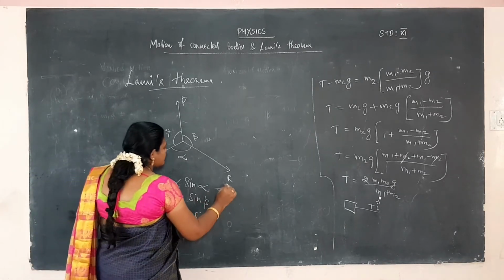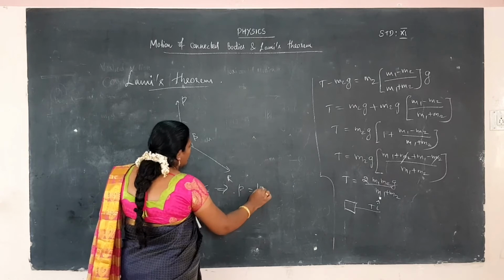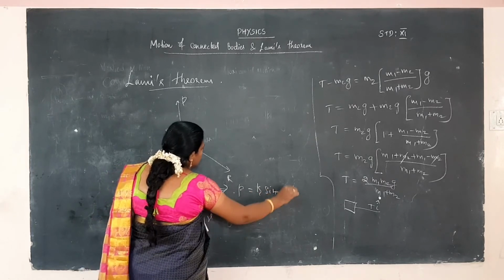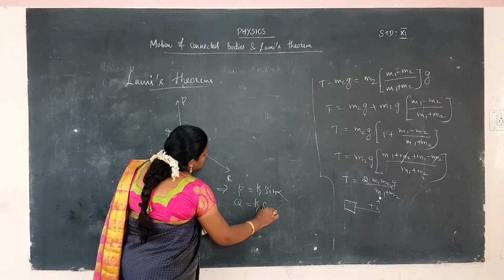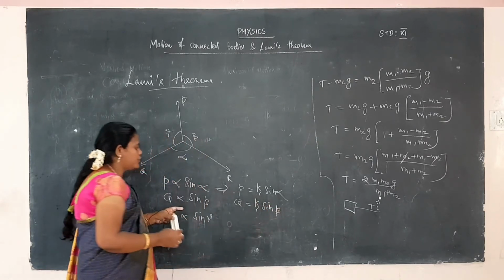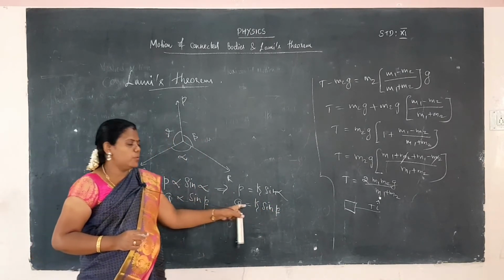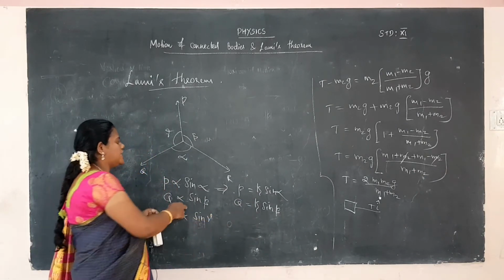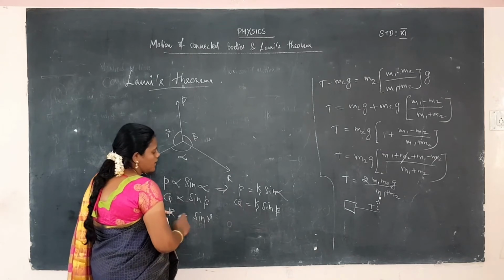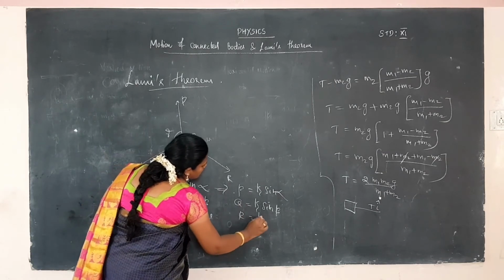So P is equal to K sine alpha, and Q is equal to K sine beta, and R is equal to K sine gamma.